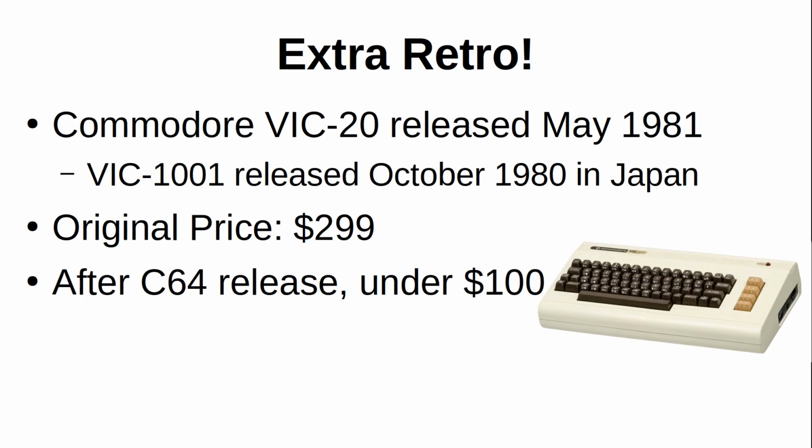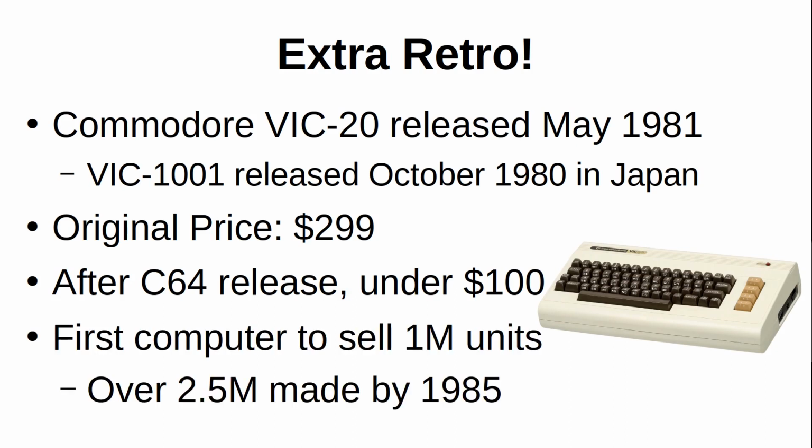The Commodore 64 took a little while to get rolling in the sales department. And ultimately, the VIC-20 became the first computer model to sell 1 million units, which was quite amazing. Apple hadn't managed to sell 1 million Apple IIs at that point, but VIC-20 did, and ultimately they kept making VIC-20s, or at least supporting them, up through 1985.